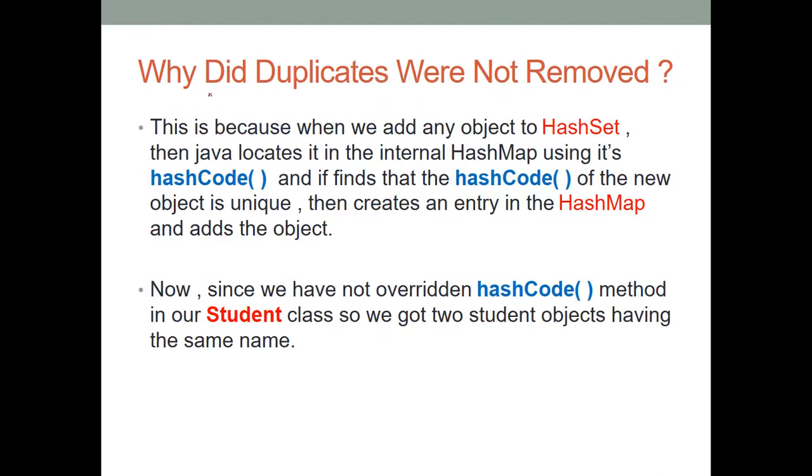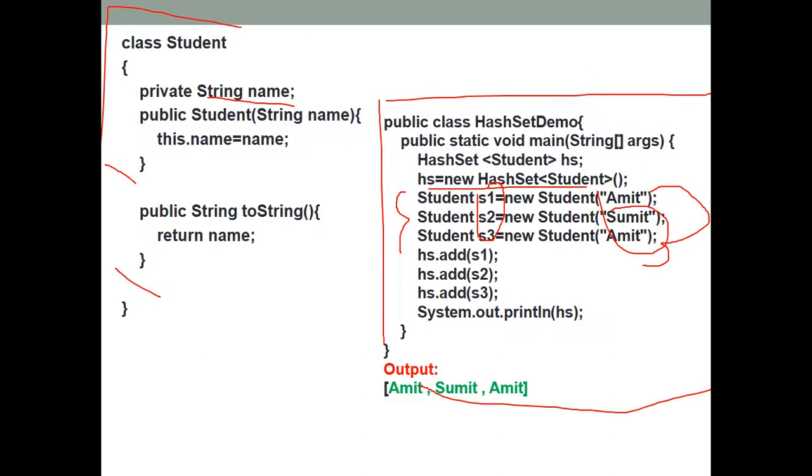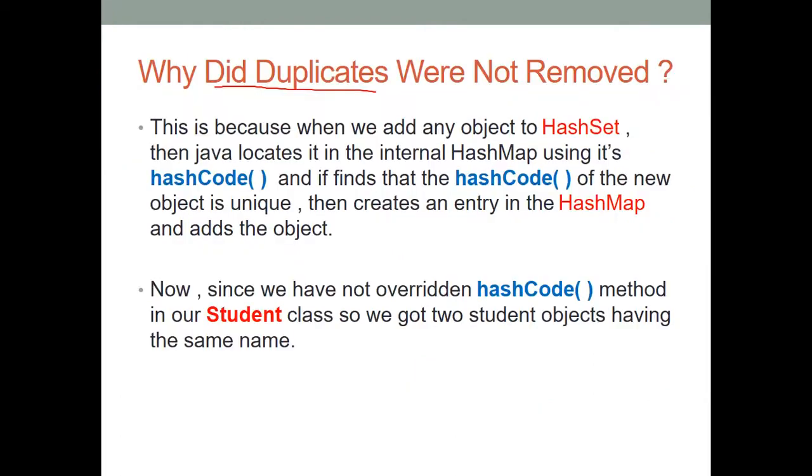Okay. Why were the duplicates not removed? I already showed you in the previous examples why it stores duplicates and why it does not remove them. This is because when you add any object to the HashSet, Java locates it in the internal HashMap. You already know that when you create a HashSet object, it internally creates a HashMap. So if the hash code of the new object is unique, it creates an entry in this HashSet and adds the object.